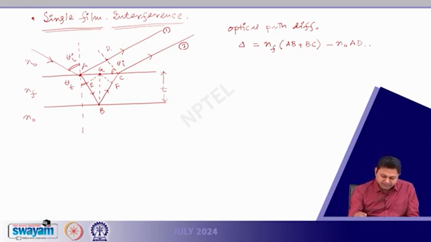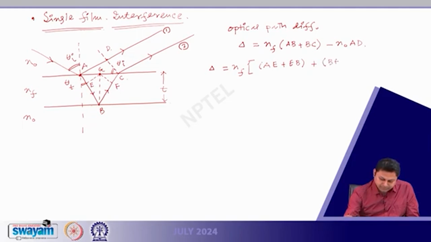So, I can split this in this way for simplicity of the calculation. Let me write down delta is equal to NF times AB, I define AE plus EB, plus BF plus FC.